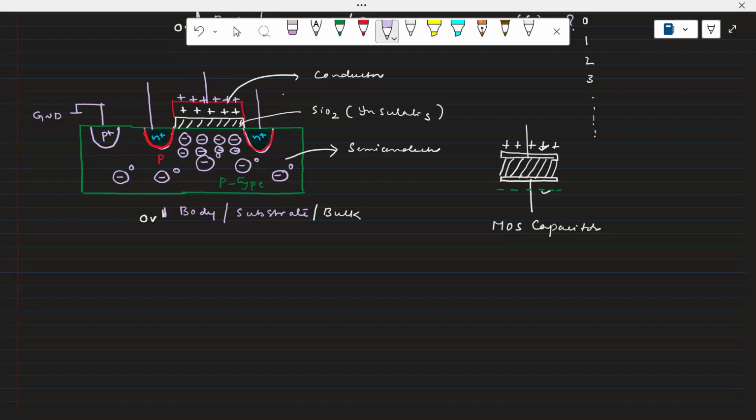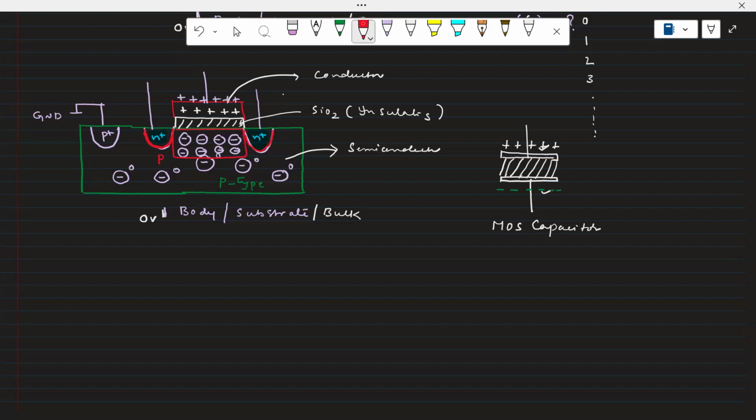So this phenomenon is called depletion mode. We can call this depletion of carriers. That means the region under the silicon dioxide, the free carriers are depleted from this region, left with the immobile negative charge.